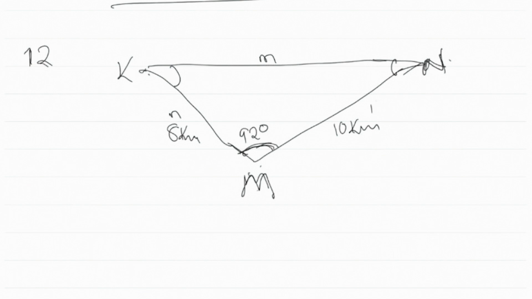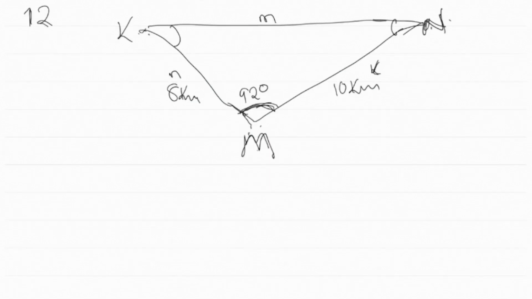Since we have been given 2 sides, MN and MK, with an included angle of 92 degrees, we are in a better position to use the cosine rule.